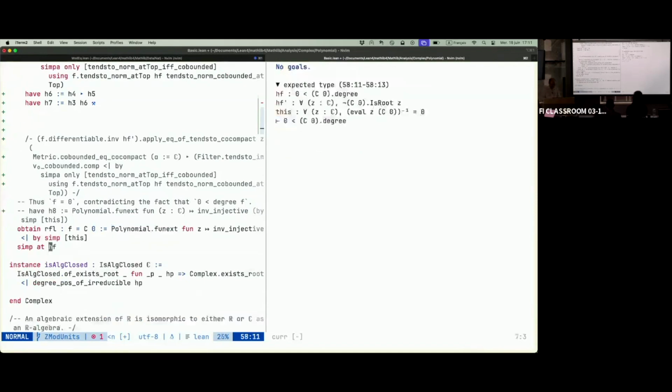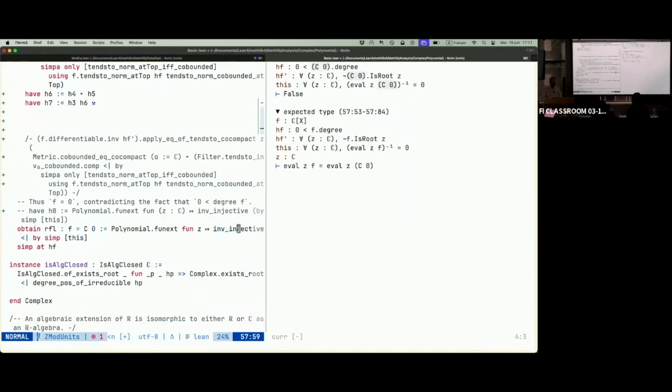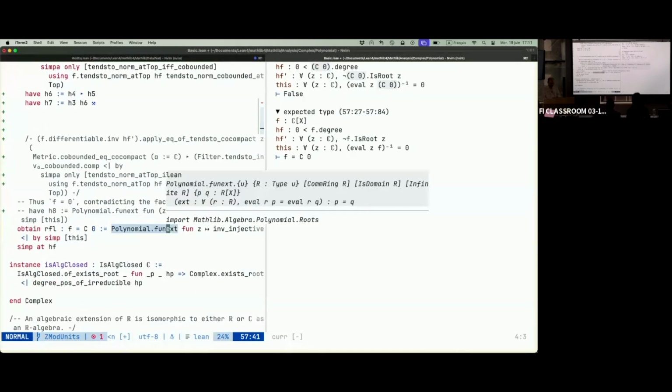Well, okay, this is 1 over z. This is the fact that the inverse function is constant 0. I don't understand what they're doing. Maybe polynomial fun x, usually it should. Okay.